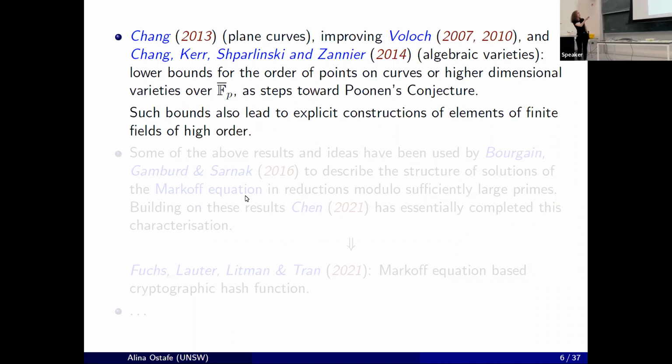And the first results were given by Bolog in 2007 and 2010, but Chang improved these results using the global to local correspondence using Lang's problem and giving lower bounds in reduction modulo sufficiently large primes. And Chang, Kerr, Shparlinski, and Zannier obtained similar results for higher dimensional algebraic varieties. And such bounds can lead to explicit constructions of elements of finite fields of high order.